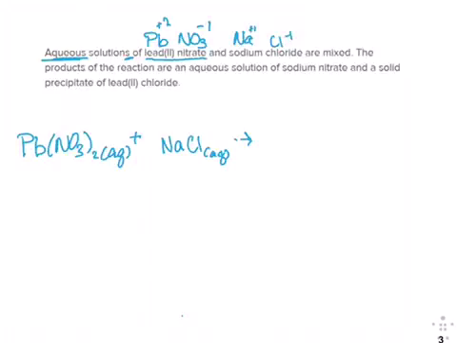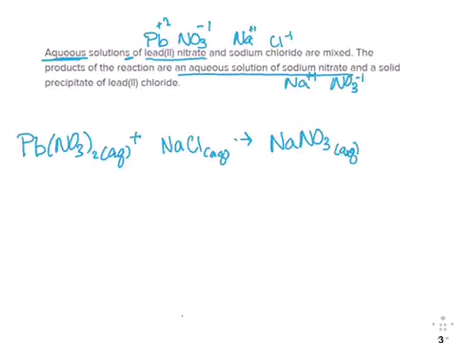And then we get products are an aqueous solution of sodium nitrate. So that would be Na, which is +1, NO3, which is -1. So sodium nitrate balances already, and it's aqueous, so we mentioned that here.